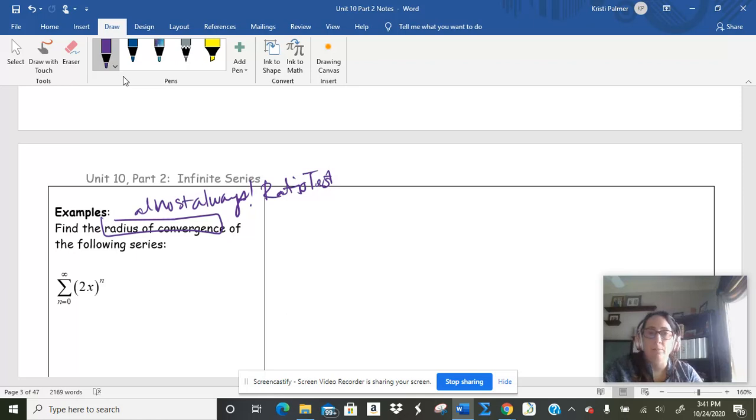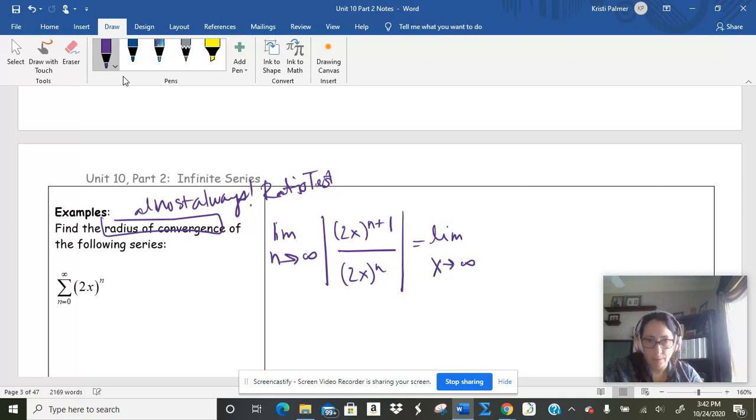Okay, so I'm going to take the limit as n goes to infinity of the absolute value of that guy to the n plus 1 divided by the original. Reduce. And I'm just left with 2x. Sorry, that's an n.